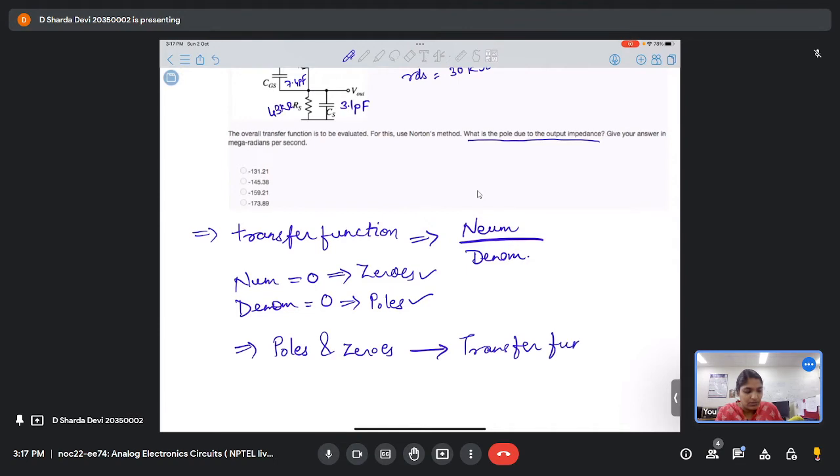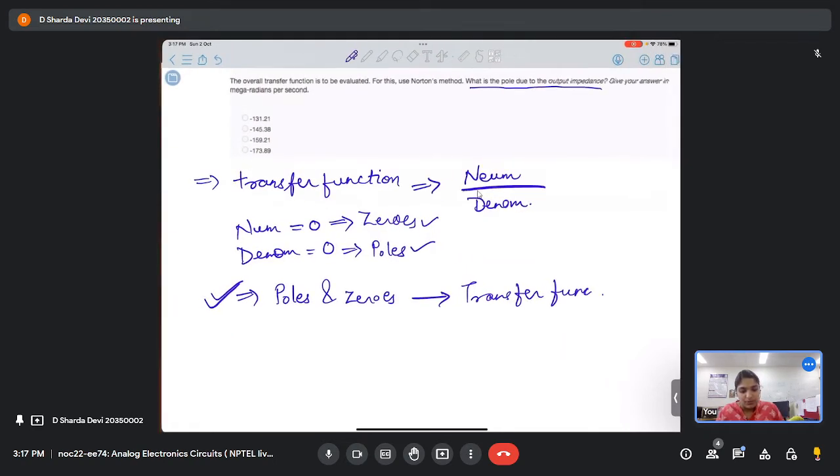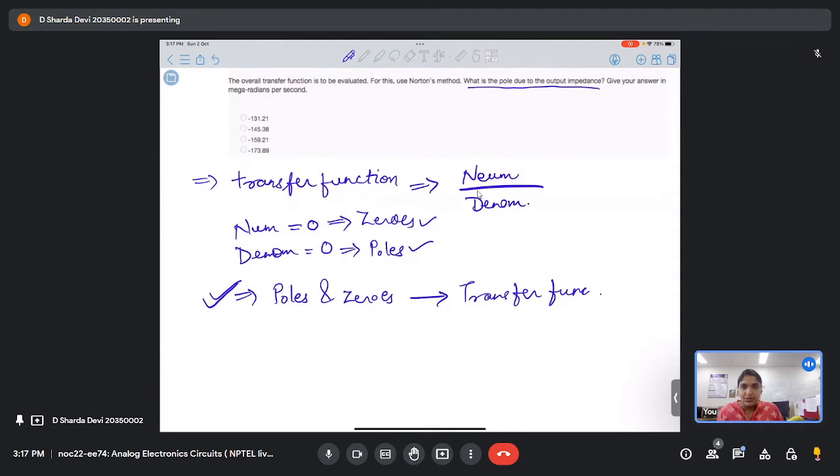Okay, so it serves the purpose, right? And this, trust me, this method is much easier compared to you solving the transfer function. Okay, so we need to find the poles and zeros.